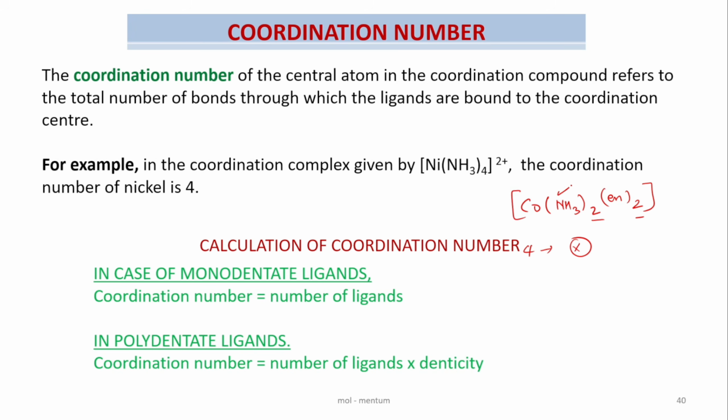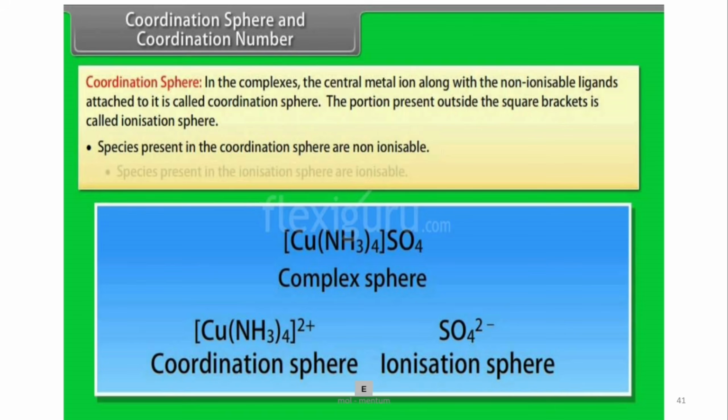Because NH3 is a simple ligand, but en is bidentate. For the simple ligand, we take it as it is, but this ligand is bidentate and the number is 2, so 2 into 2 is 4, plus 2, 6. So 6 is the correct answer. In this way, we calculate the coordination number, multiplying by the denticity if the ligand is polydentate.